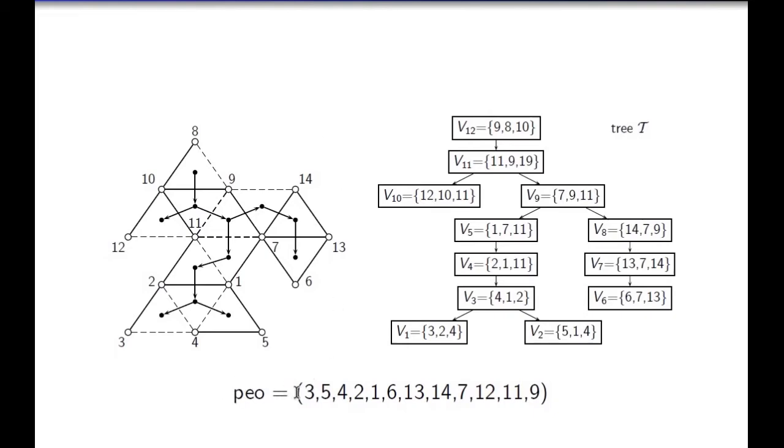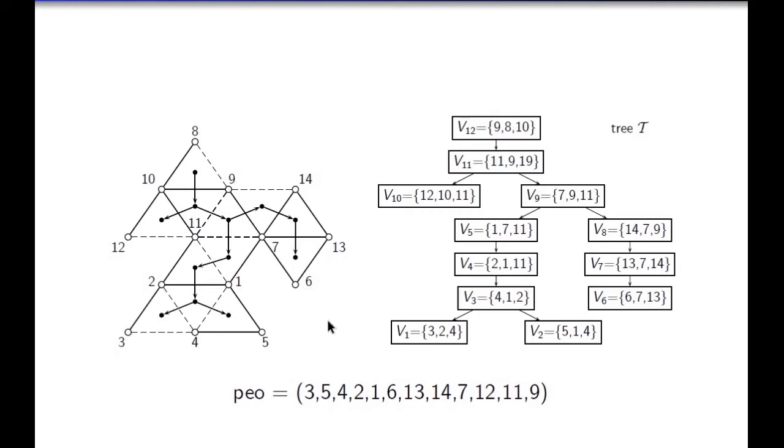Having this order, in this example from 3 to 9, we can construct a tree decomposition where each vertex corresponds to some triangle in graph H. So, for example, this vertex in tree T corresponds to this triangle with vertices 10, 8 and 9.